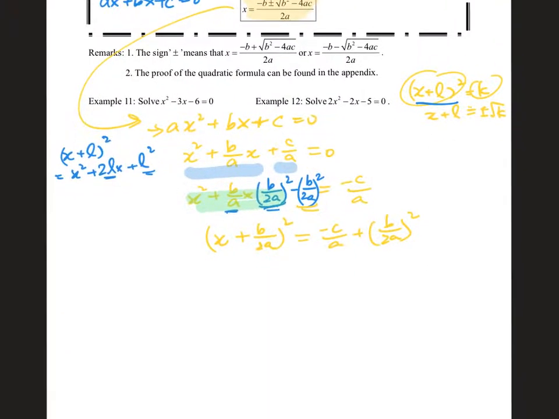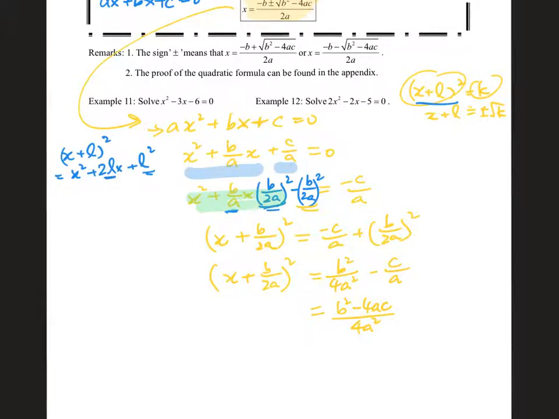Now on the right, b squared over 4a squared minus c over a, which means it's b squared minus 4ac over 4a squared. So it looks like the formula already, right?